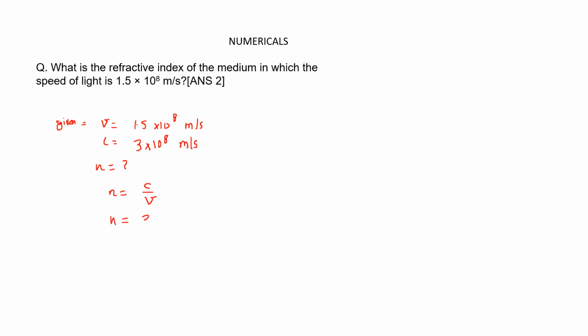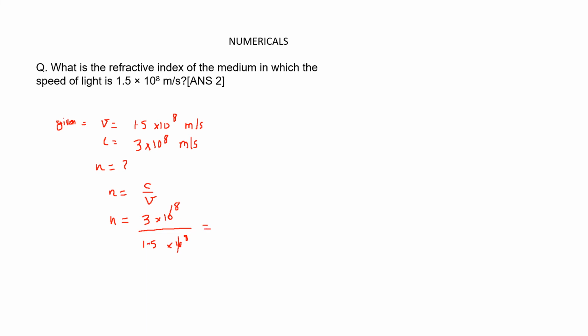So 3 into 10 to the power 8 divided by the velocity of light in the other medium, which is 1.5 into 10 to the power 8. This will get cancelled, and I have to remove the point.